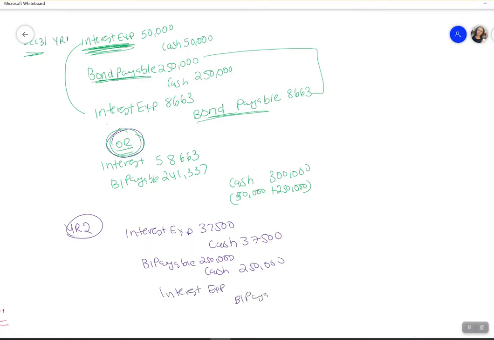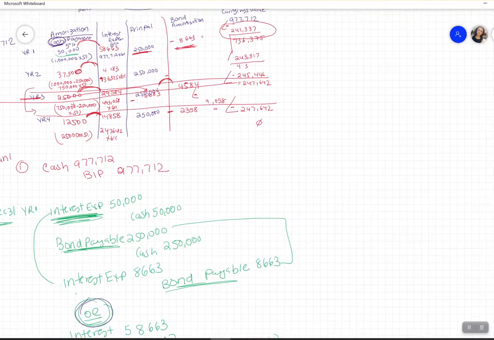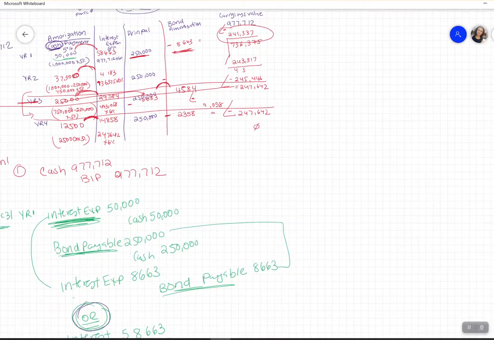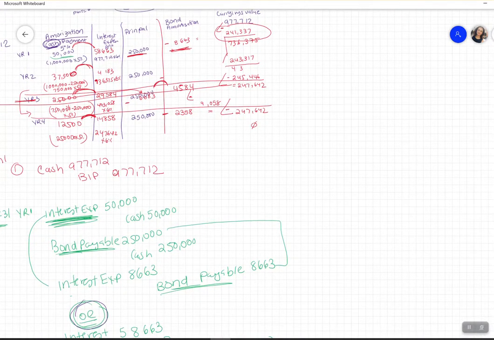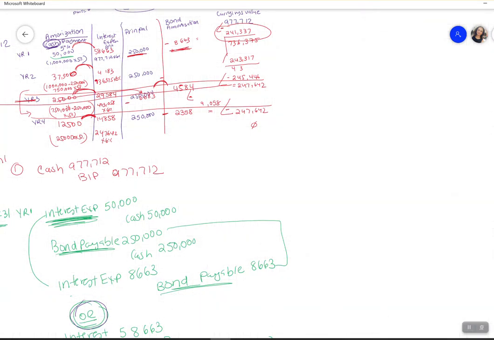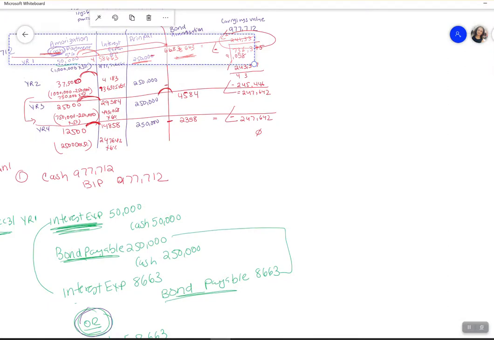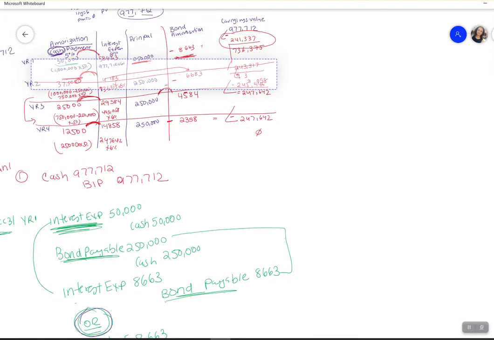We have an interest expense and bond payable. The amount that we had, I think if we go up, my screen moved before, so it was this one. I think it was 6,683. So I'm just going to put it in here.